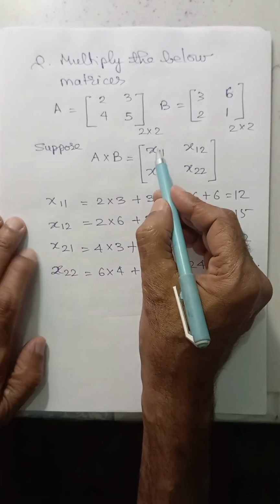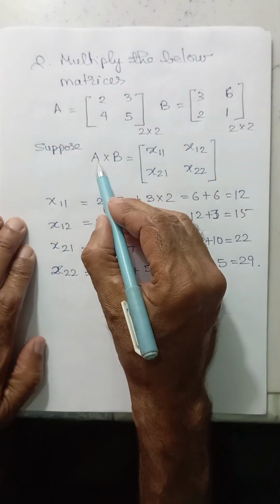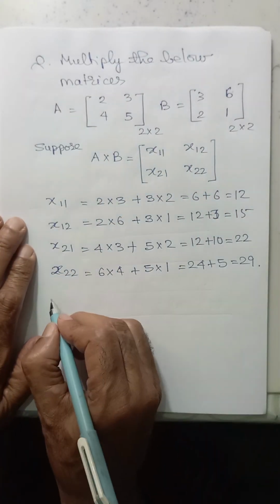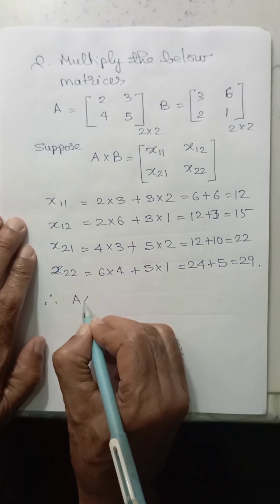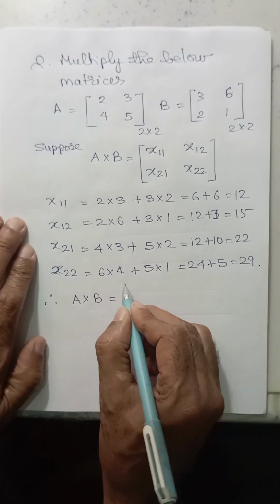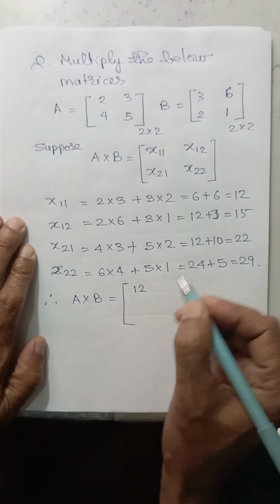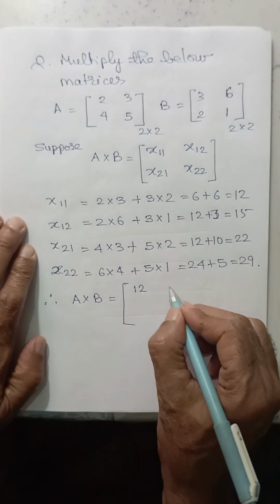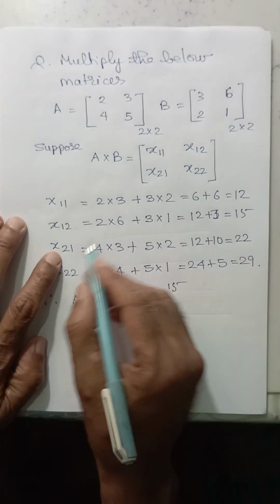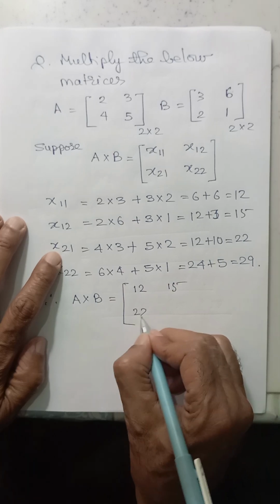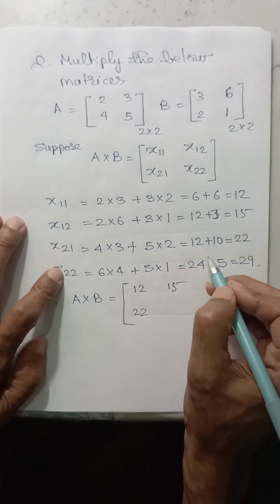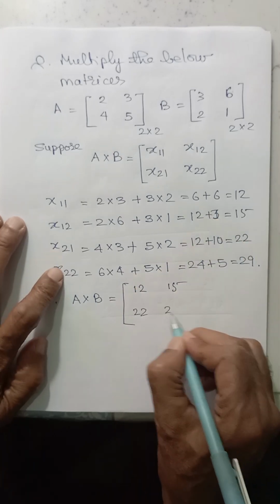Now we have got the value of all the elements of A into B. Therefore A into B will be: in place of x11 we write 12, in place of x12 we write 15, in place of x21 we write 22, and in place of x22 we write 29.